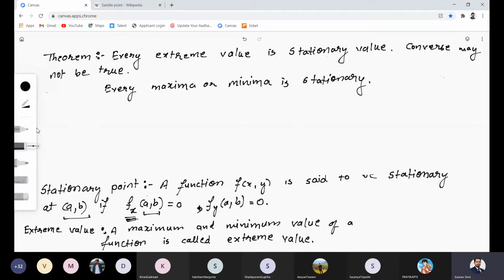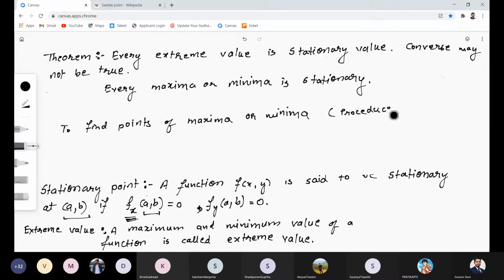So to find points of maxima or minima, can you identify the procedure as you have understood the theorem? Yes, anyone?